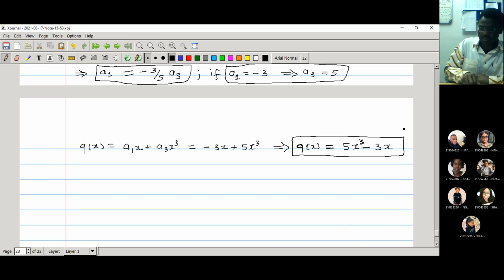Now from here, the next thing is just to compute the roots, right? So Q(x) equal to 0, what do we have? Okay, so we have Q(x) equal to 0.